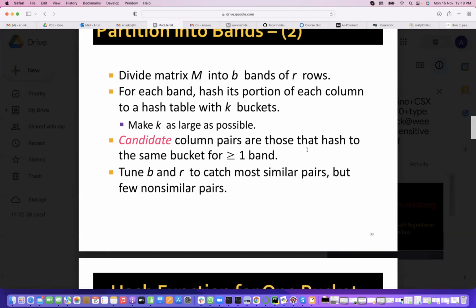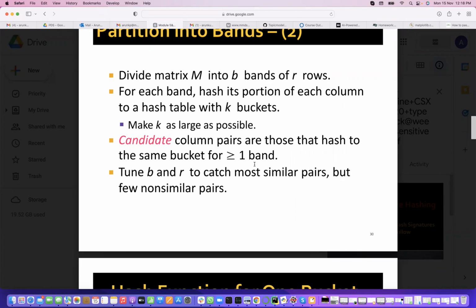Candidate column pairs are those that hash to the same bucket for at least one band. So even if the entire signature may not be the same, if their bands are the same, then they will get into at least one hash map, into one bucket.